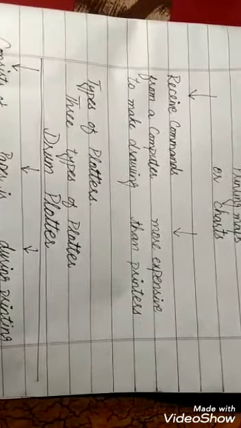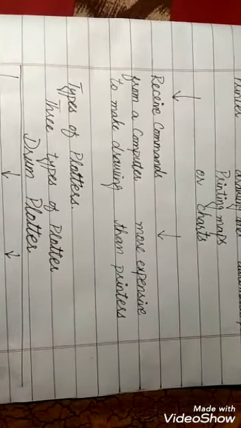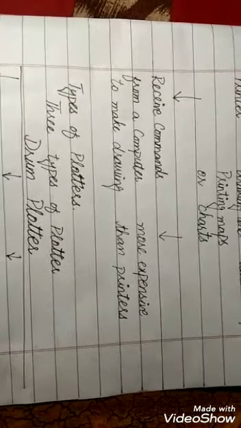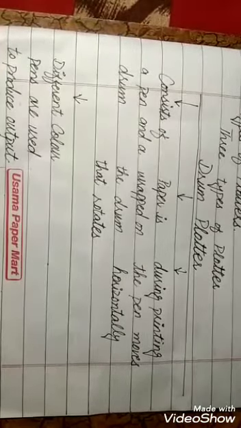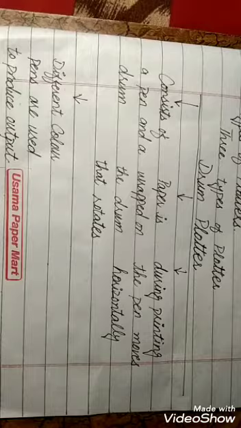There are three types of plotter: drum plotter, flatbed plotter, and electrostatic plotter. A drum plotter consists of a pen and a drum, and paper is wrapped on the drum that rotates. During printing, the pen moves horizontally. Different color pens are used to produce output.